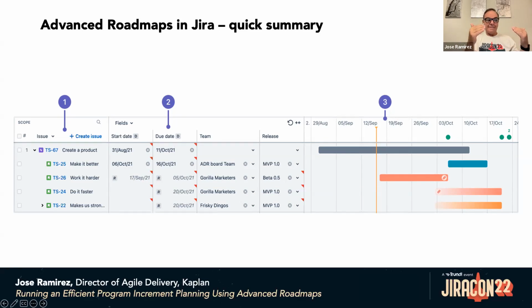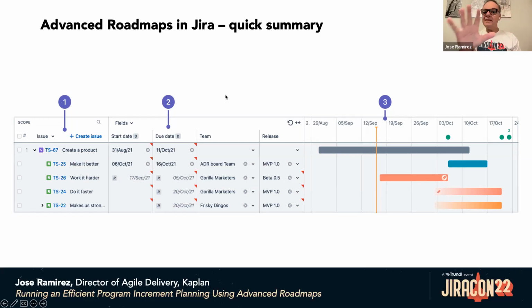So using that approach, you have an immediate visual cue of the risk, not only the sequence and the parallelism of the epics and stories, but the risk level.